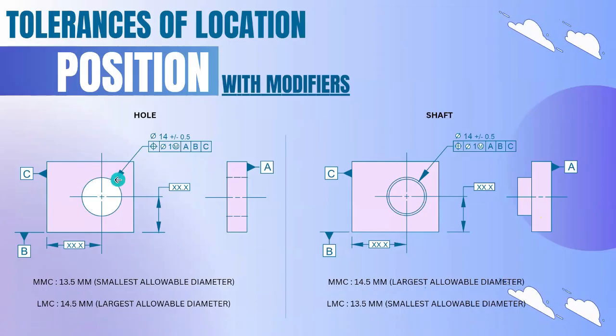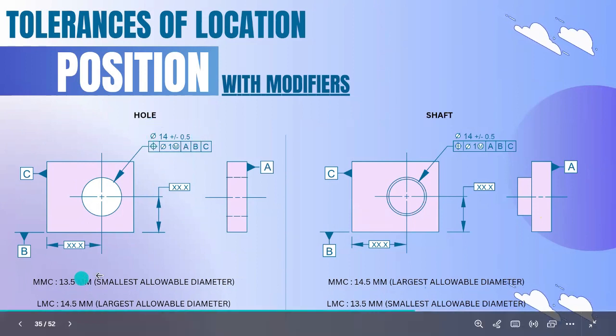When the hole is reducing, the material will be increased. Material will be maximum when the hole gets smaller, so the smaller range is the MMC. In this range, 13.5 is MMC. So the smallest allowable diameter will be MMC in the hole condition.